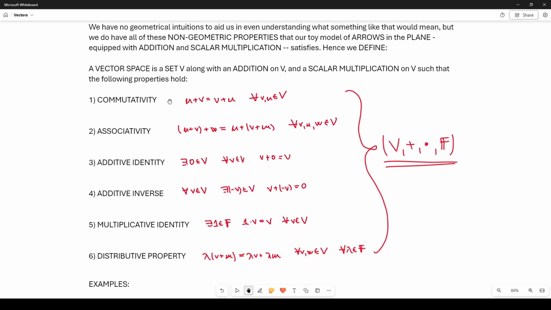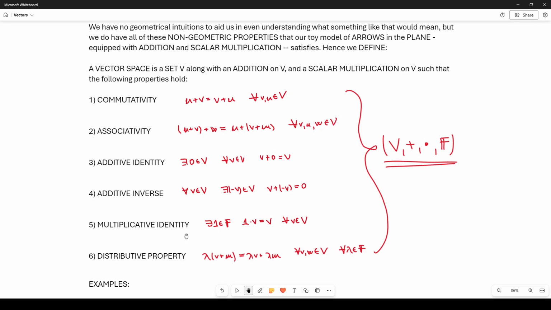So we demand commutativity for addition, we demand associativity, we demand that there exists some additive identity, we require that there exist additive inverses for every V, which we will call vectors, so elements of V are vectors. So for each vector there exists its additive inverse, which is also a vector.